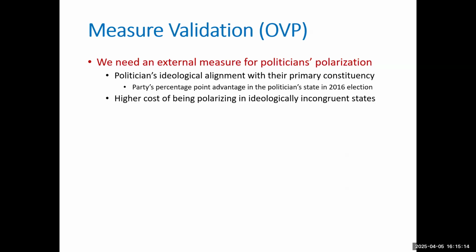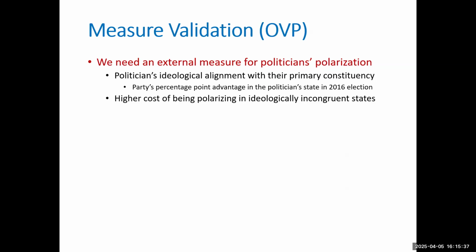How can we validate that? The validation measure that we have here is the politician's ideological alignment. We don't have very good measures, or if you know some, please let us know. We will incorporate it. But the one we used here, based on some intuitive reasoning, is the politician's ideological alignment with their primary constituents.